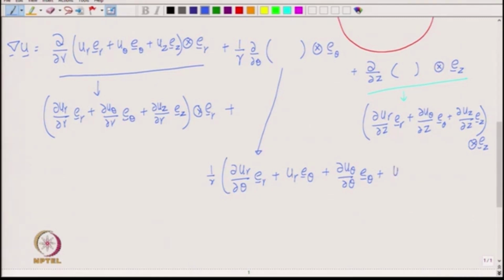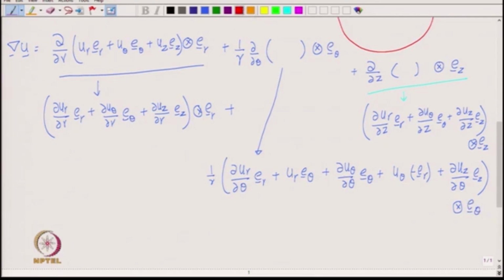So, this is u theta into minus of E r, and then the last one is simply u z E z, and then E z we know that basis vector does not change at all. So, this is del u z over del theta times E z, and this whole thing is tensor product with E theta.